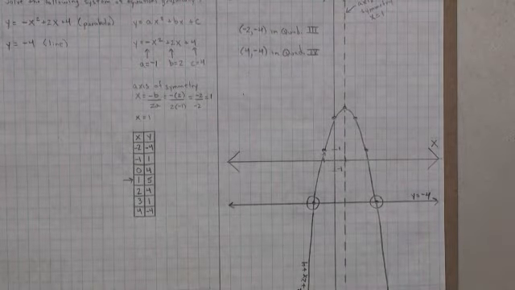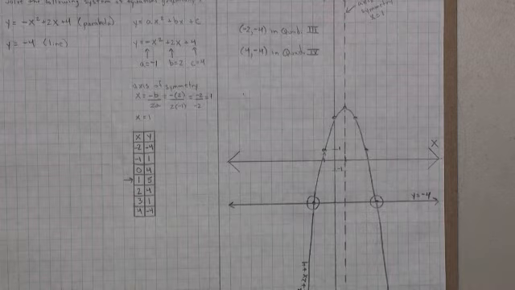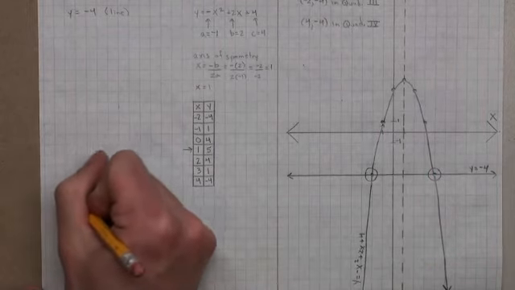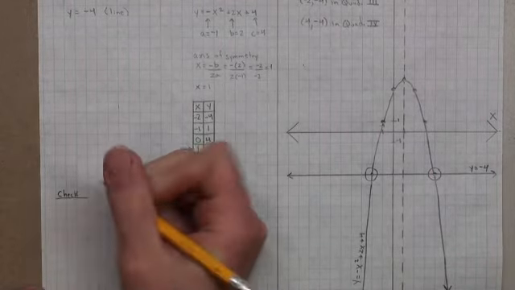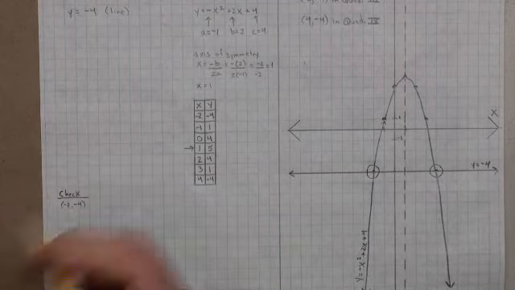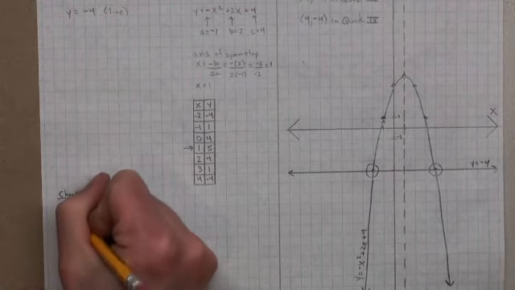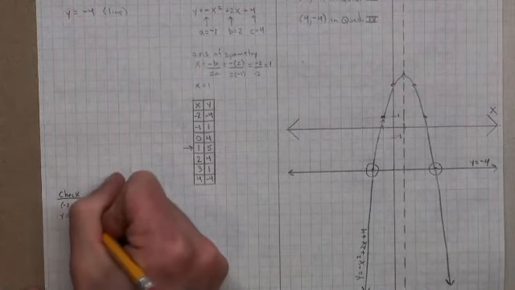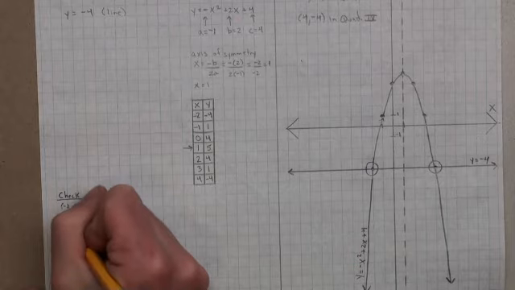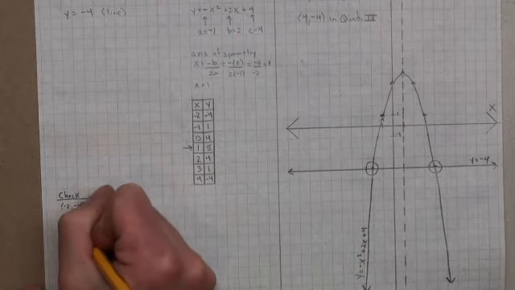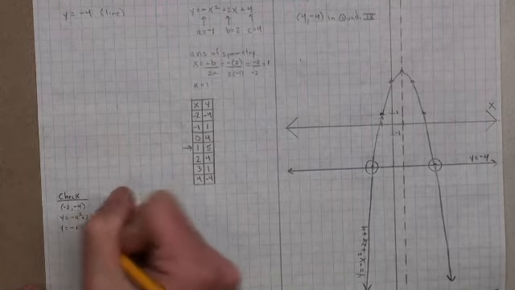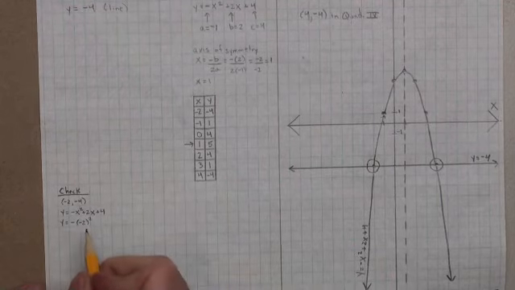Okay? So, what we have now to do is to check. So I'm going to come over to this side. I'm going to put the check over here. First I'm checking -2, -4. And I'm checking that in y equals -x squared plus 2x plus 4. Y equals negative in parentheses. Now I put my -2 squared. You can see why a lot of people make mistakes here.